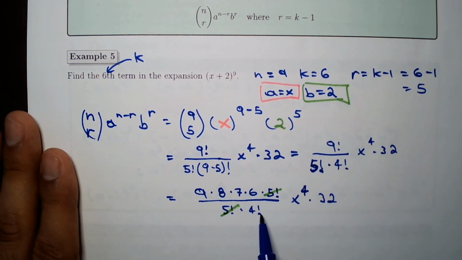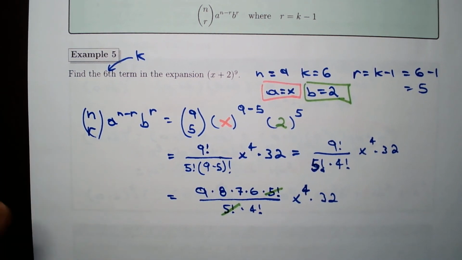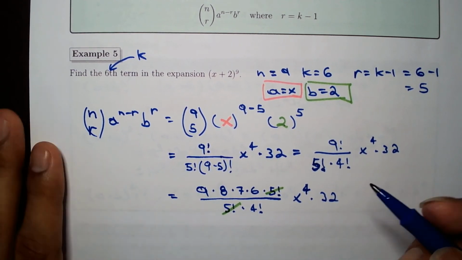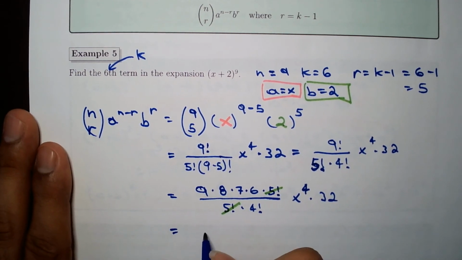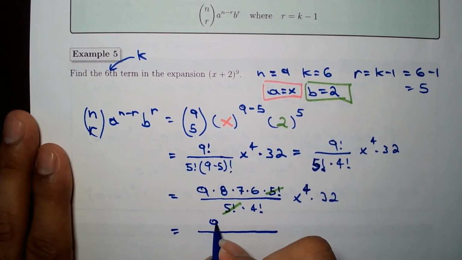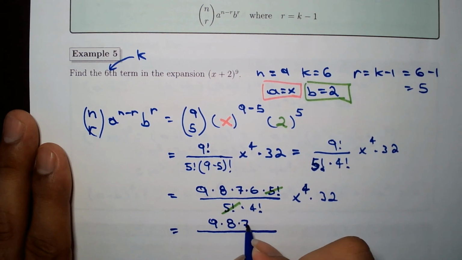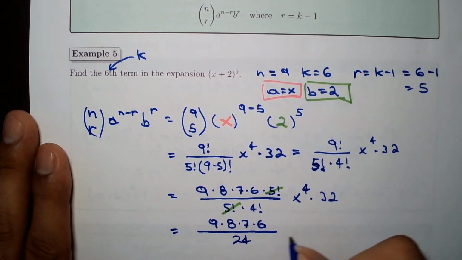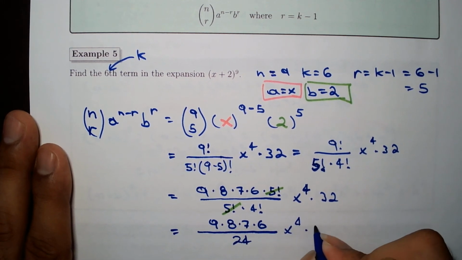And then let's evaluate 4 factorial. What is 4 factorial? 4 factorial is the same as 4 times 3, which is 12, times 2, which is 24. So 9 times 8 times 7 times 6 over 24, x to the 4th times 32.